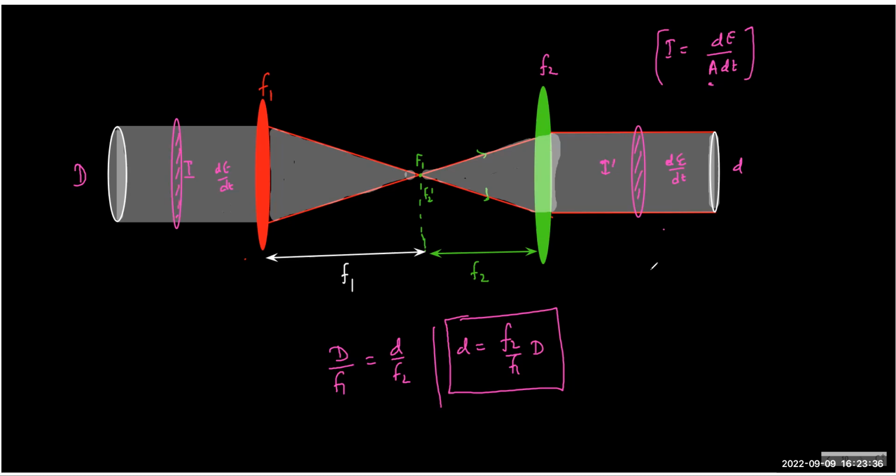And therefore I can say the product of I into A is the same as I dash into A dash. So where is the intensity maximum? Almost infinite. It is at the cross section here, the joint, the focus. If you bring anything there, it will be so intense, it will burn it.